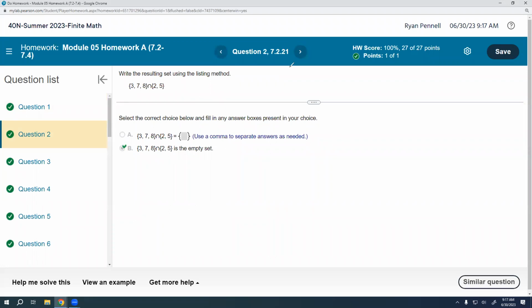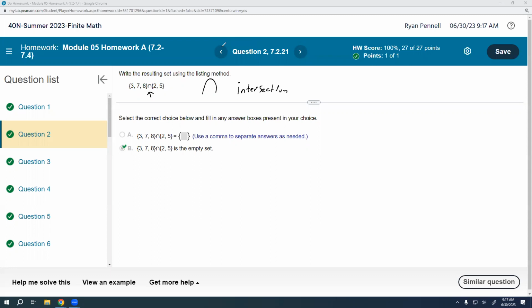All right, this one has a U that's upside down. What does that mean? That means that we are going to see what we have in common. And this is called the intersection. Okay.